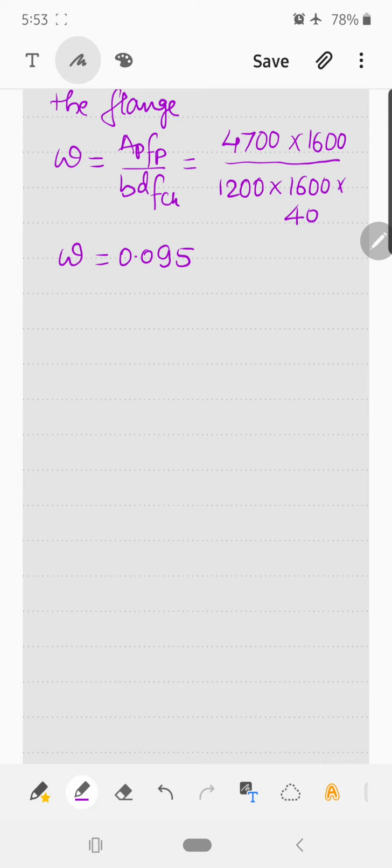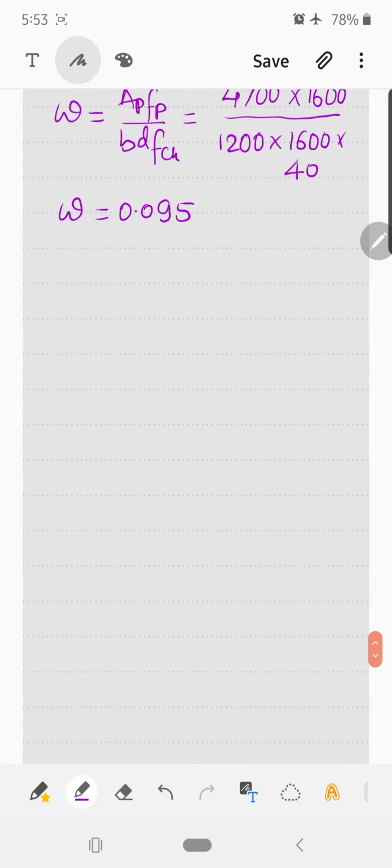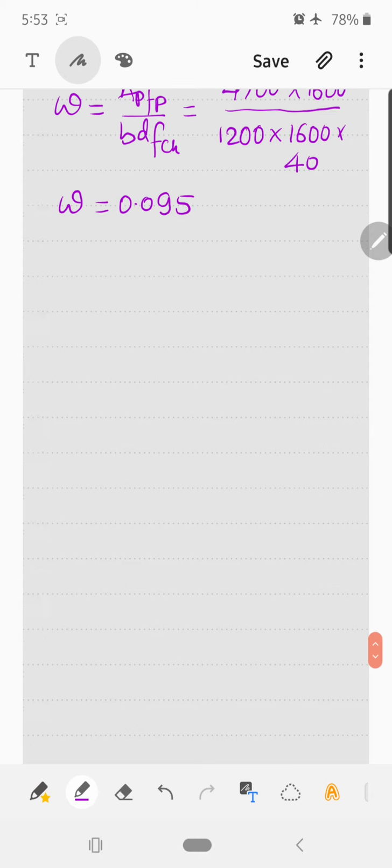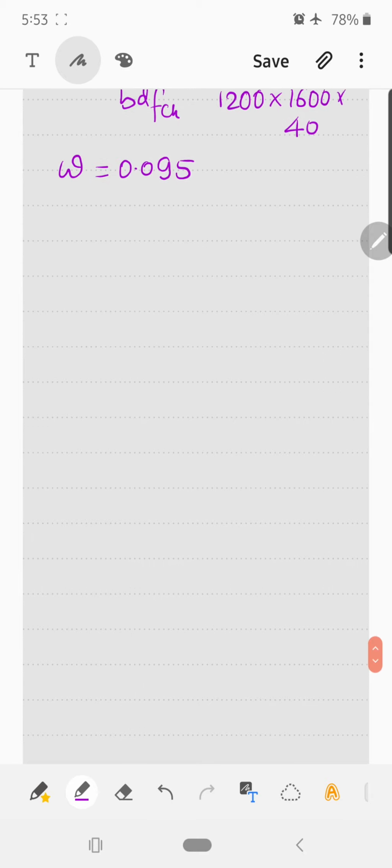Now with this reinforcement index, determine XU by D as well as the value of FPU by 0.87 FP. Instead of calculating FPU by 0.87 FP, we will first only calculate XU by D and ascertain whether the neutral axis is within the flange or the web. So referring to IS 1343 1980, determine XU by D.